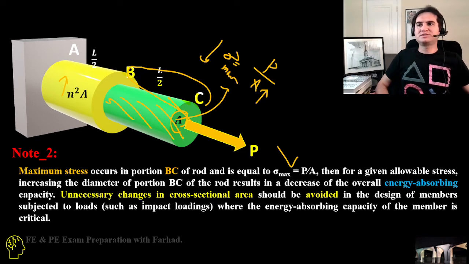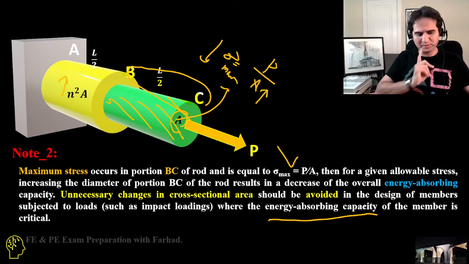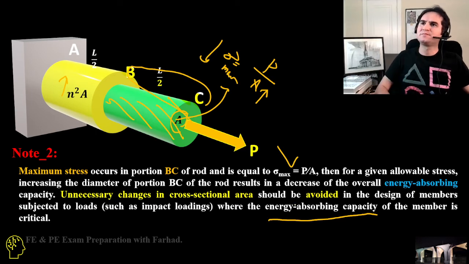That's why unnecessary changes in cross-sectional area should be avoided in the design, especially in practical engineering examples where energy absorbing capacity is a concern, like impact or momentum problems.